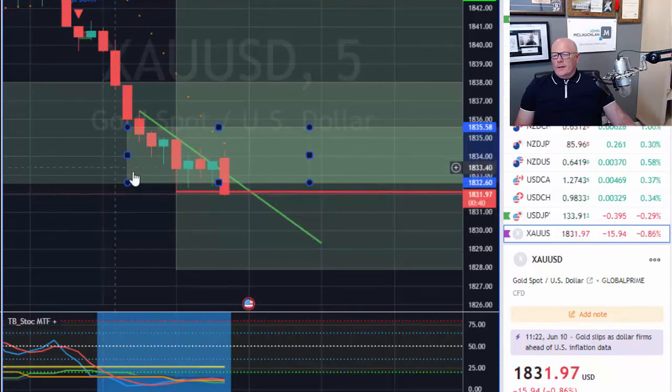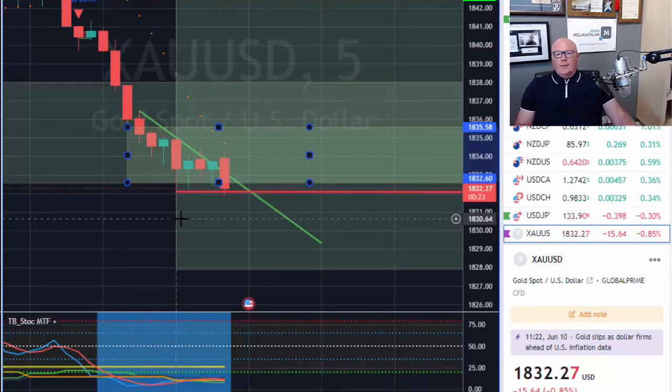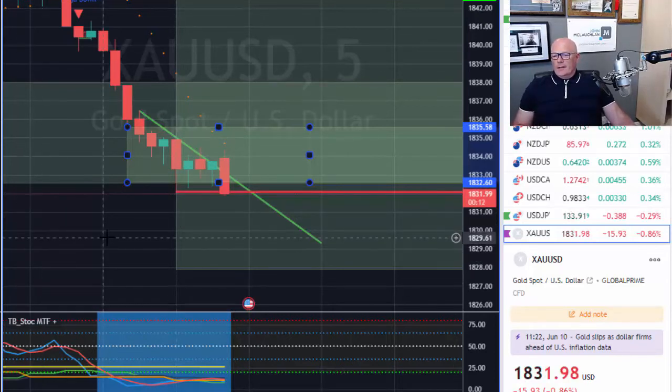If you think of consolidation as an accumulation of liquid assets by the banks, people put their stop loss above or below that level of consolidation, and the banks will come along and take out people's stop losses as they see fit, to then take the liquidity out of the markets for themselves, and then put their orders on in either direction.